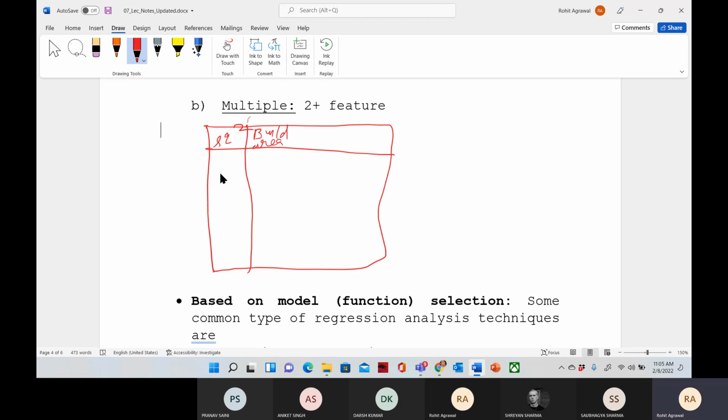Suppose only one floor is there, then carpet area and built-up area are the same. If you have two floors, say carpet area is 1,000 square feet and two floors are created, then the built-up area is just double, so the price also increases. Am I right?